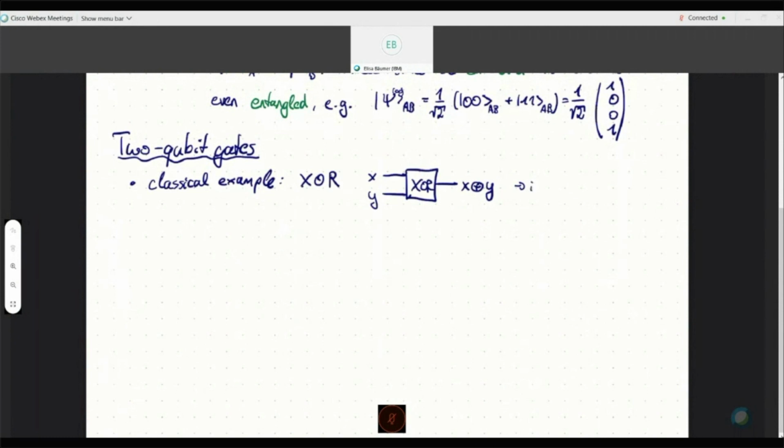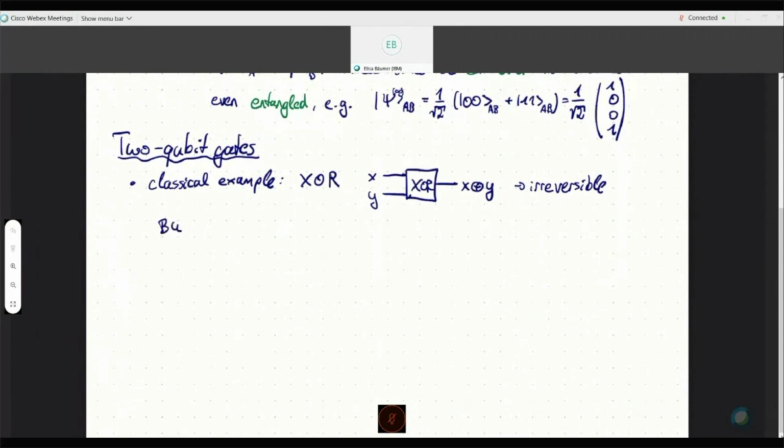However, a problem with this gate is that it is irreversible. Because if I give you the output and I tell you the output is 1, then what you know is that either X or Y is 1, but you don't know which one of them. So you cannot construct the input from the output, which means that it's irreversible.